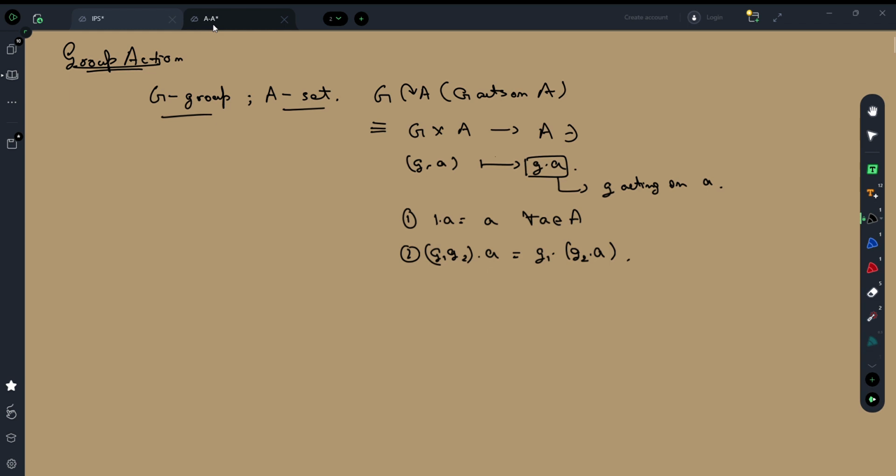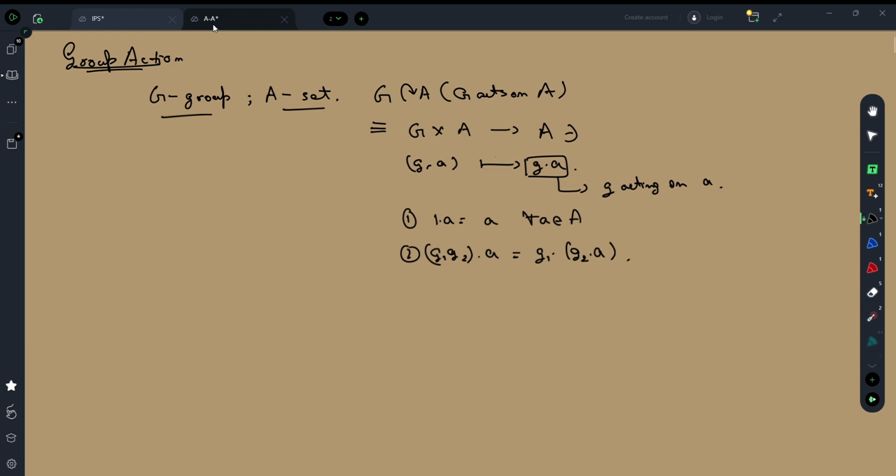We say G acts on A if there exists a map from G cross A to A such that the pair (g, a) is mapped to g dot a, or you can say g times a, whatever. This map obeys certain properties, that is 1 dot a is a, and (g1 g2) dot a is the same as g1 dot (g2 dot a).